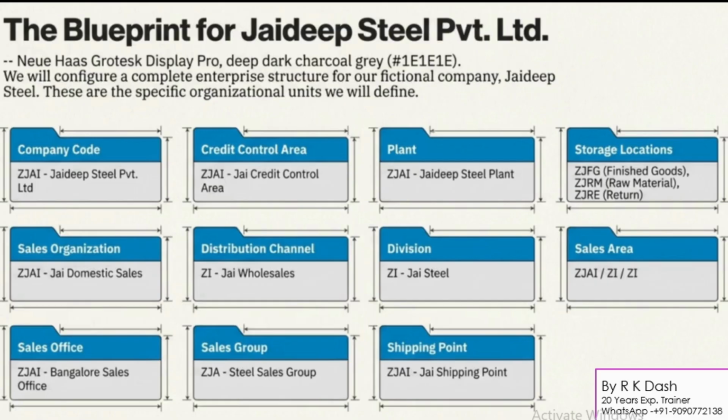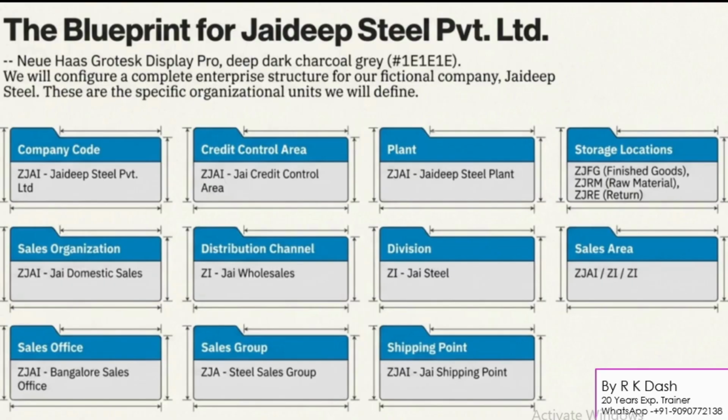Plant: ZJAI, Jaideep Steel Plant. For storage locations we have created three different ones: ZJFG for finished goods, ZJRM for raw material, and ZJRE for return. Sales organization ZJAI, Jai domestic sales; distribution channel ZI, Jai wholesales; and division ZI, Jai steel.